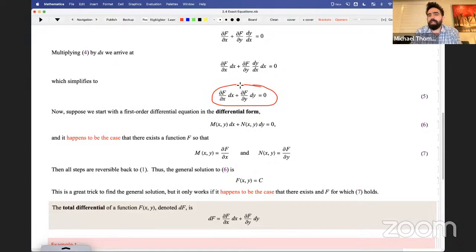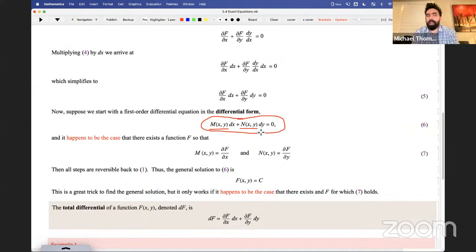Okay, so here's where we put it together. Look, let's say that you're given a differential equation in some problem statement, and you can rewrite it in what we call differential form, right? So you put a 0 on one side, and then you have your dx's first and then your dy's, and you could read that first coefficient as the function M, and we'll call this the function N.